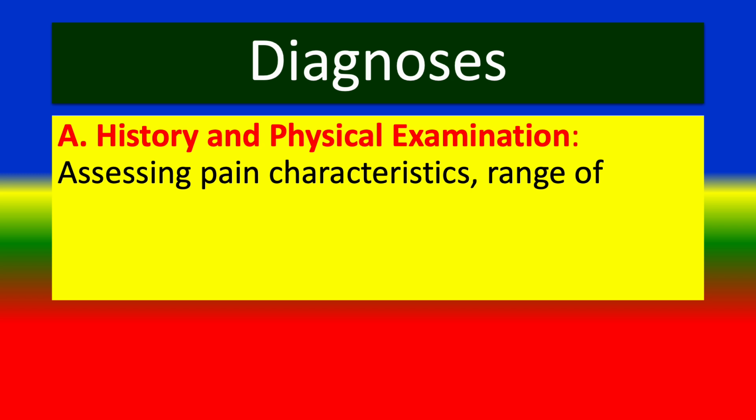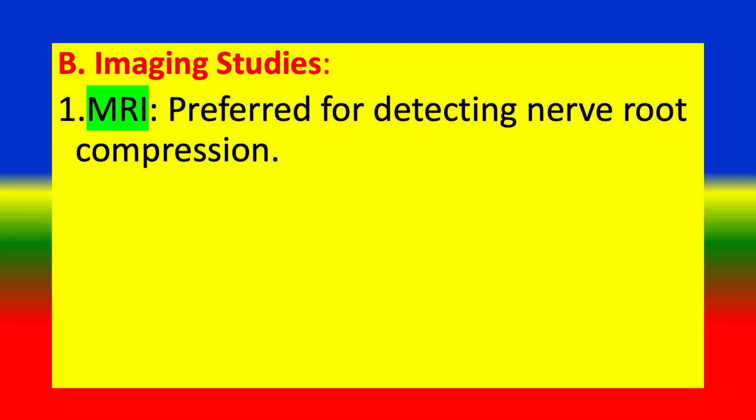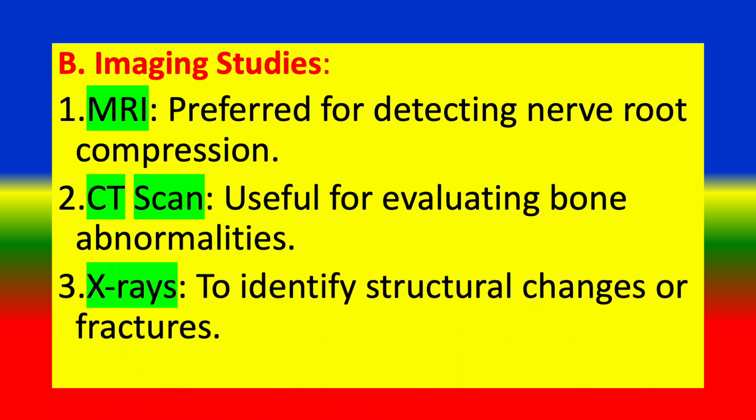Diagnosis: A. History and physical examination, assessing pain characteristics, range of motion, and neurological deficits. B. Imaging studies. 1. MRI, preferred for detecting nerve root compression. 2. CT scan, useful for evaluating bone abnormalities. 3.